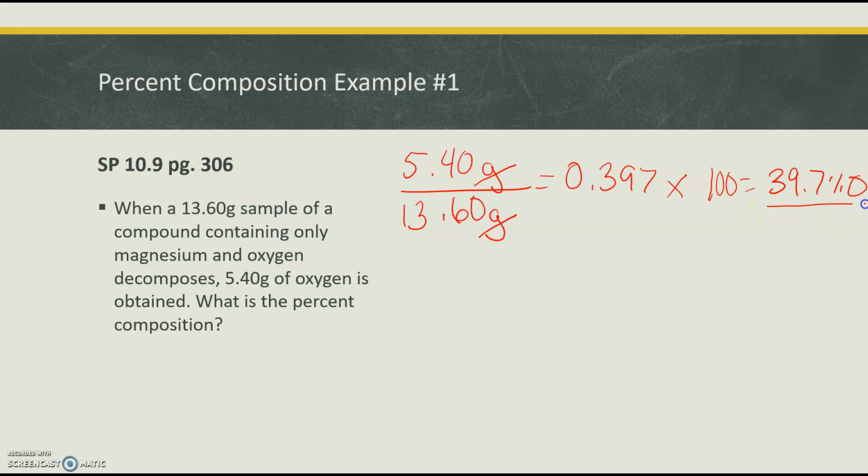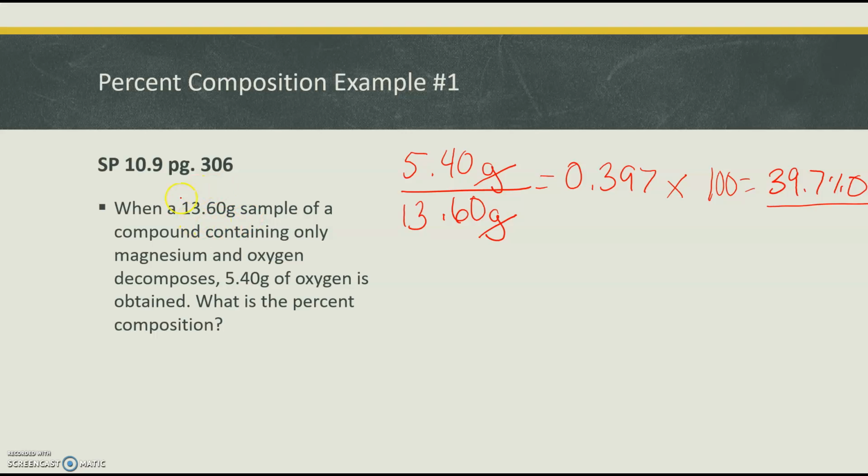However, this only gives us the percent composition of oxygen in our sample, not the percent composition of magnesium, which we also need. This problem does not give us a mass of magnesium, therefore we have to figure it out. We have enough information to do that.